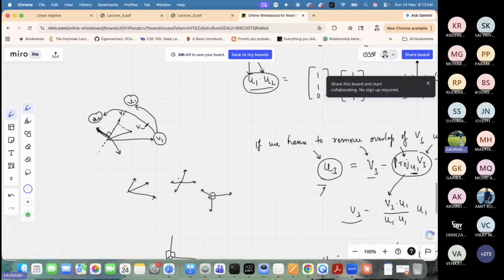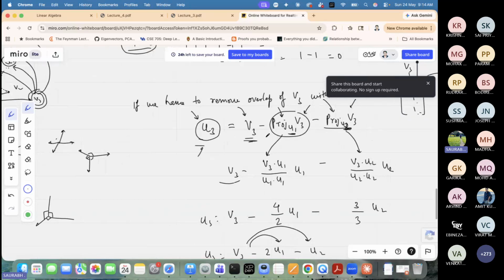Coming back to your question, what we were doing is finding how much amount of V3 is aligned in the direction of U1, so that we can find V3 perpendicular to U1. And then we find what portion of V3 is perpendicular to U2. That's why we are doing that subtraction of the projection from V3.